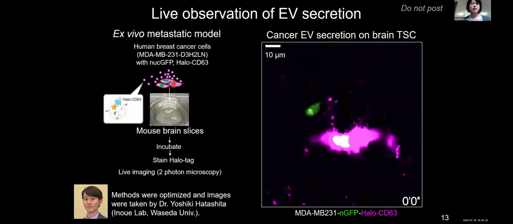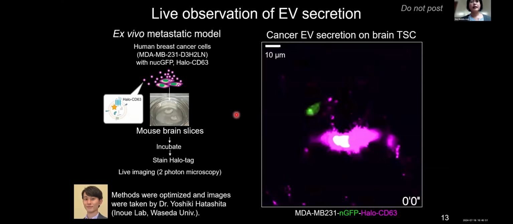Using this model, we have observed the EV transfer directly in this brain metastatic model. We performed the live imaging using the 2-photon microscopy.